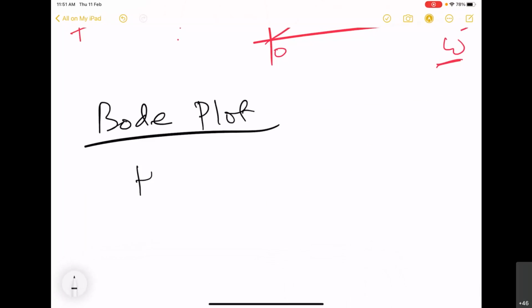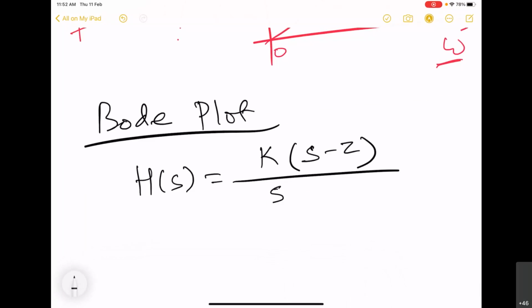So let us take a more general transfer function like this. As I mentioned, both numerator and denominator will be polynomials in s.